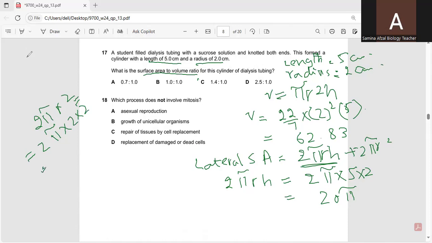So it is equal to 8 pi. So the area is equal to 20 pi plus 8 pi, which is equal to 28 pi, and it is equal to 87.96.